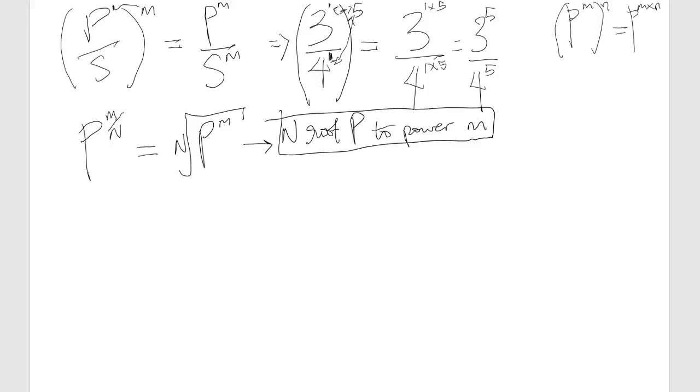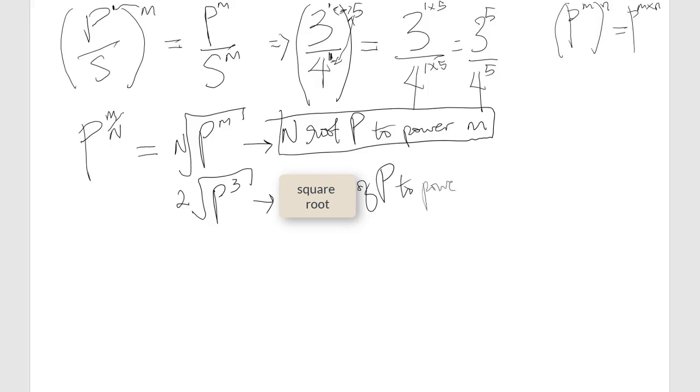If you have something like 2, you say square root of P to power 3. Sometimes this can be written as root P raised to the power 3.